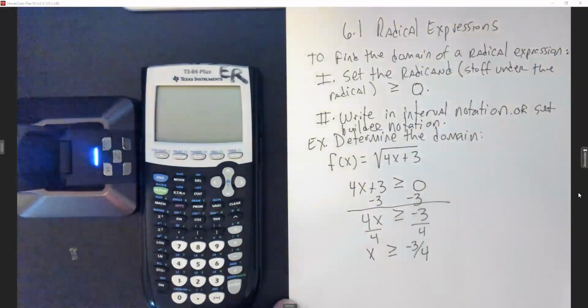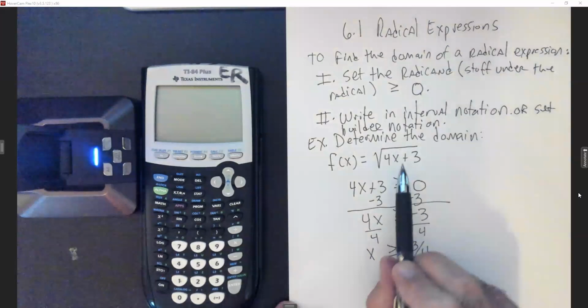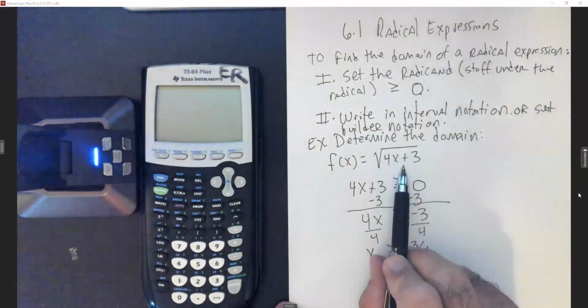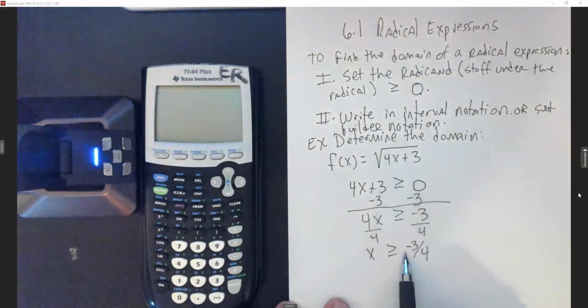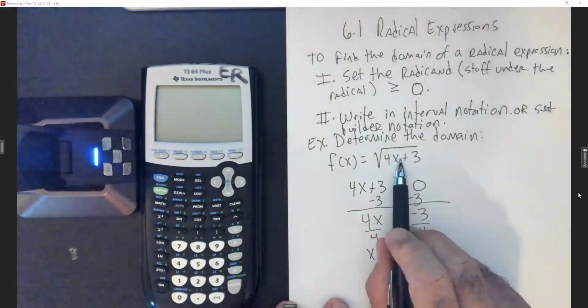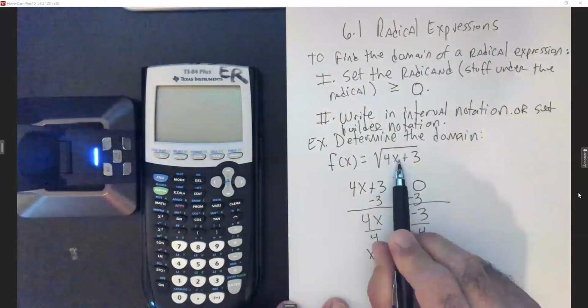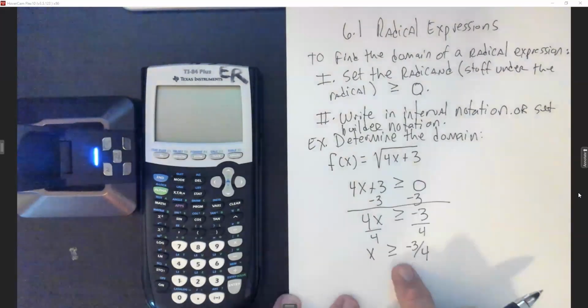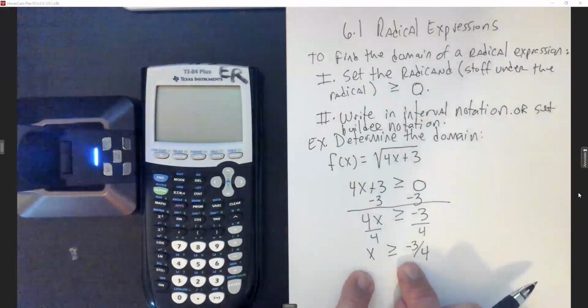If you put a 3/4 into this, you'll get a 0, which is good. But any number less than that negative 3/4 would make this stay negative, which means it's imaginary. So we've got to be greater than or equal to a negative 3/4.